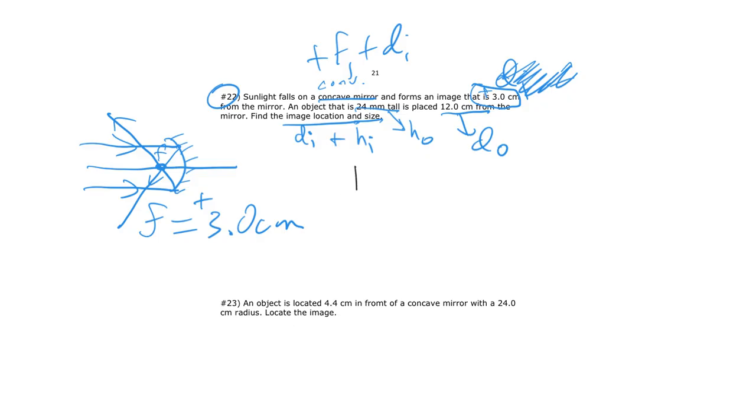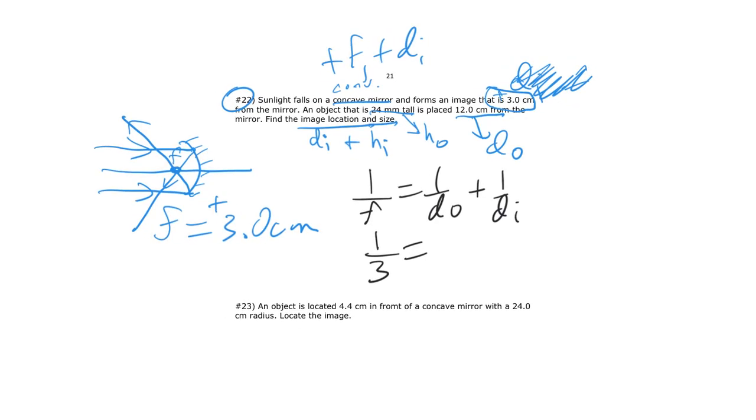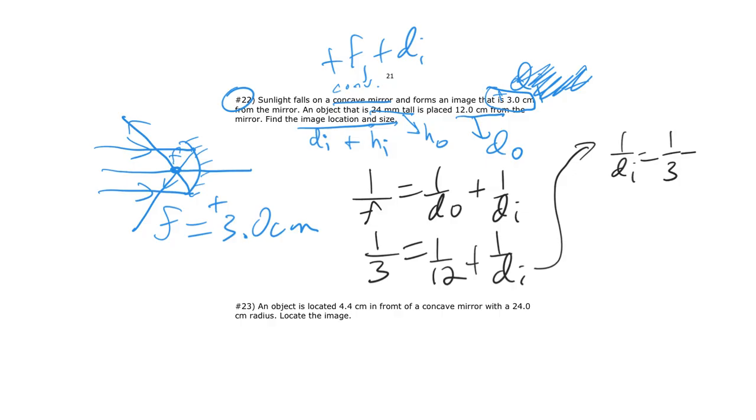So now that I have F, I can use this equation. 1 over 3 is equal to 1 over DO plus 1 over DI. So now I can find DI. 1 over DI is 1 over 3 minus 1 over 12.